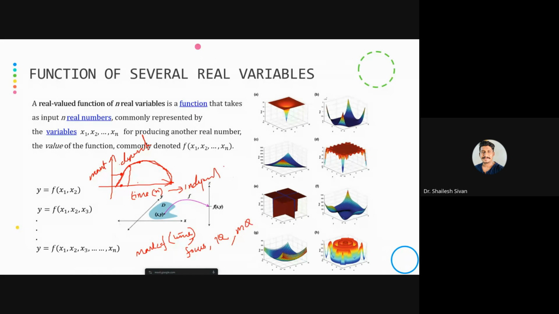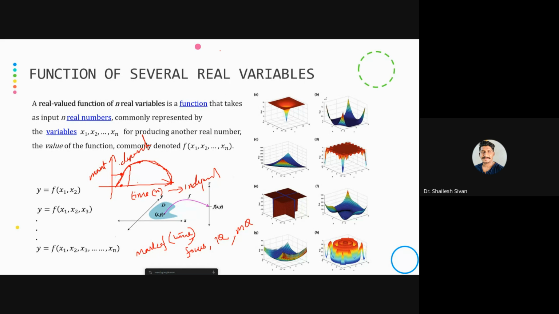So the dependent variable mark is depending on the independent variables: time, focus, IQ, MQ, and all. Mathematically, one dependent variable does not depend on a single independent variable. The influence of several variables will be there for the change of a dependent variable.